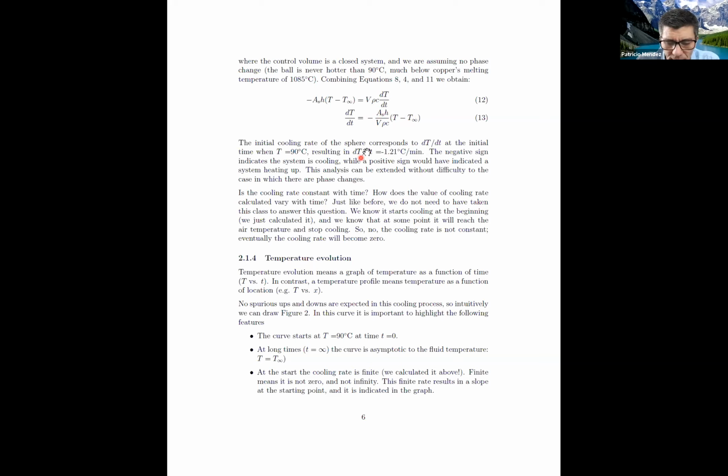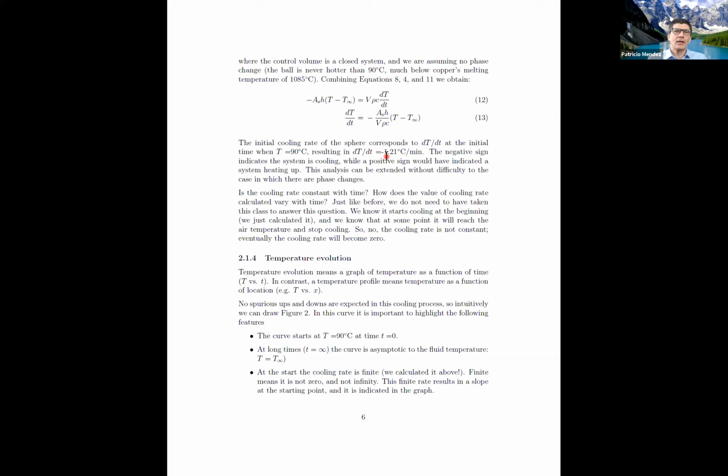All right. So if I plug in the numbers, all numbers we had seen before, we get that the cooling rate is 1.21 degrees C per minute. And it has a minus sign because it's cooling, right? As time goes on, temperature is lower and lower and lower. So it's a negative slope.